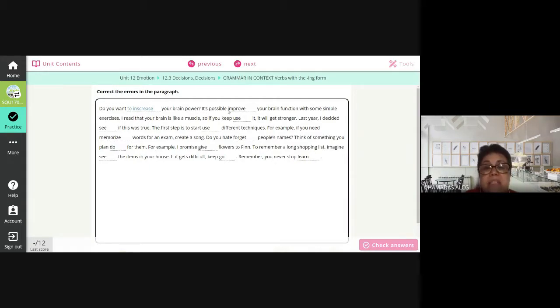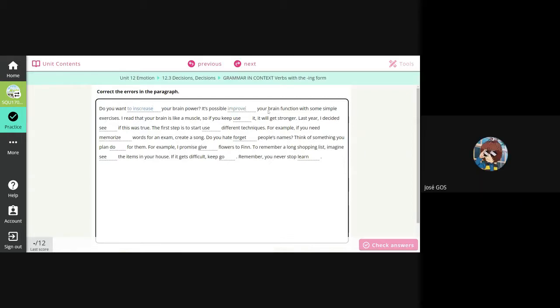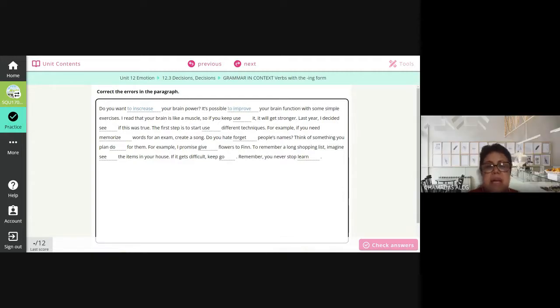Now, it's possible to improve. Okay, we need to add something here. It's possible to improve. Remember, guys, when I use an adjective and after the adjective I want to use a verb, I should use an infinitive.